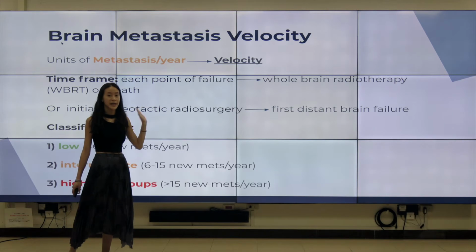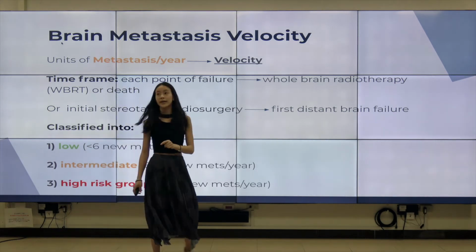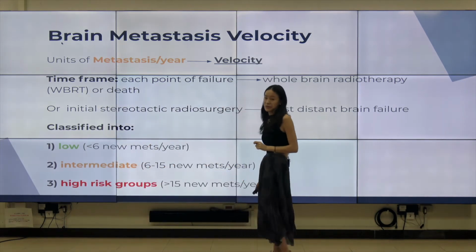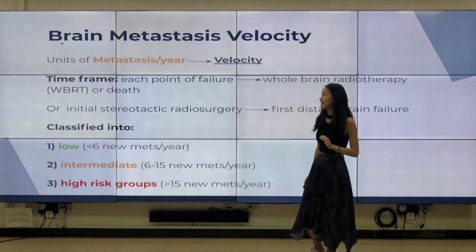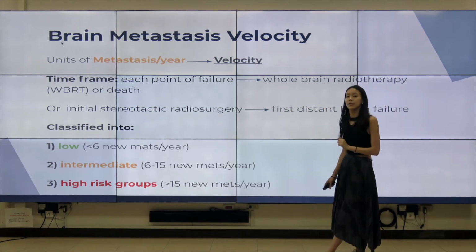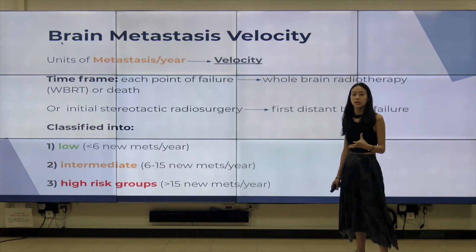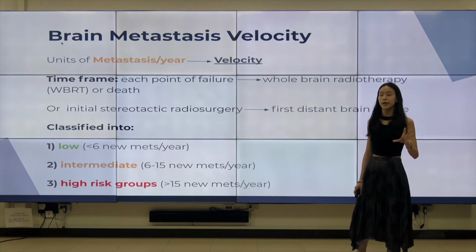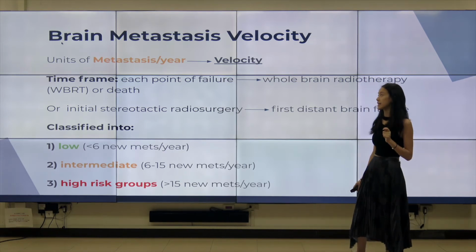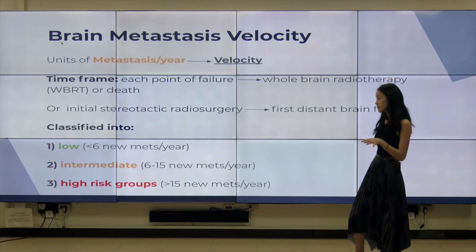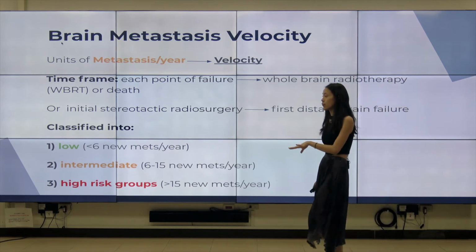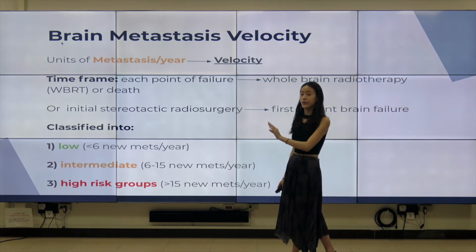So calculating the BMV, which is what we're going to be calling it now, between this time frame can be very beneficial to a lot of prognosis for patients with brain metastasis.